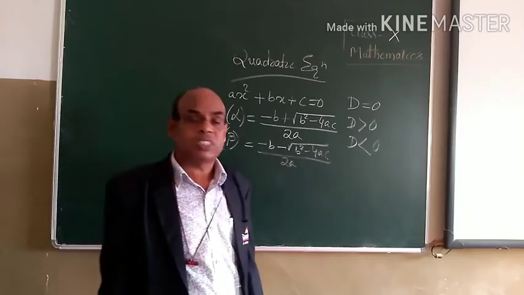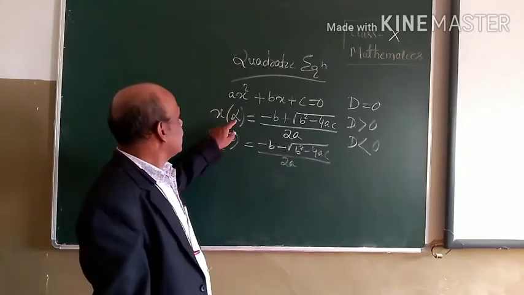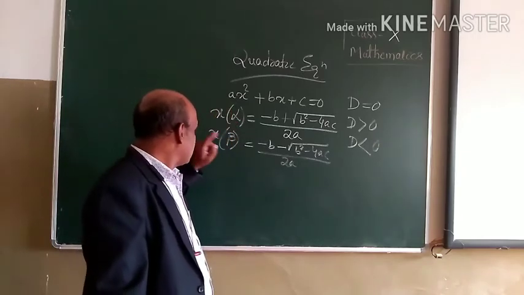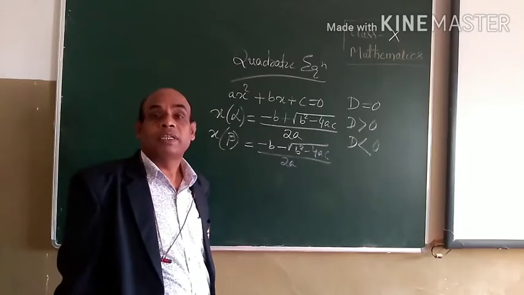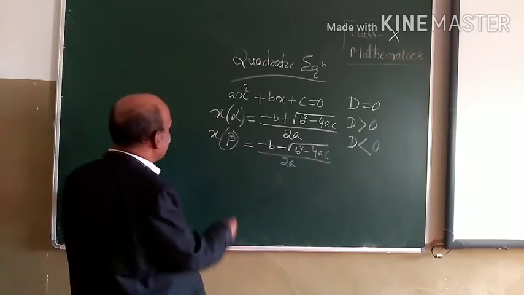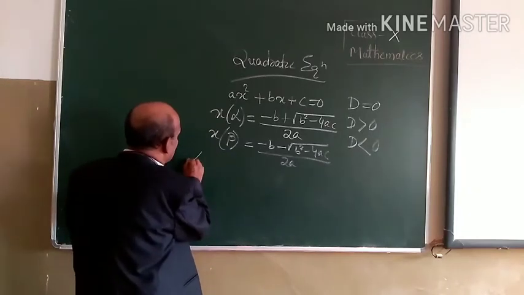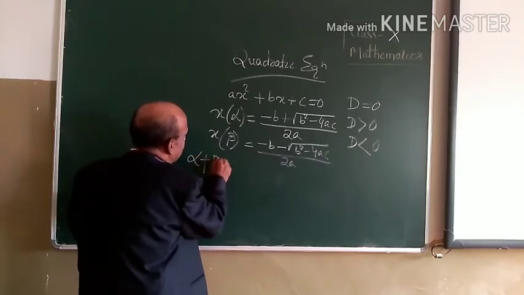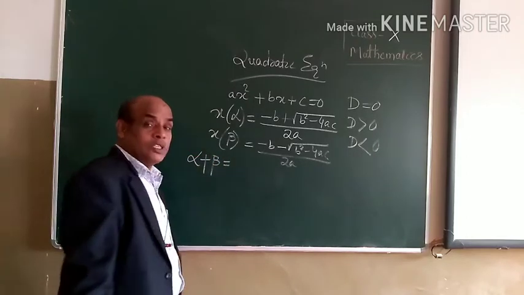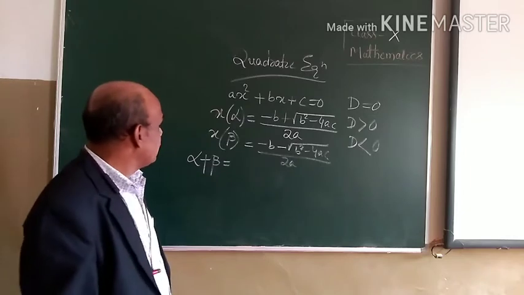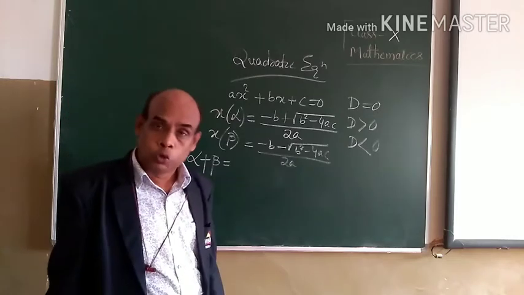Now just see, if we have the positive value as well as the negative value, then what will happen if we add them, alpha plus beta? Alpha plus beta means the sum of the roots.